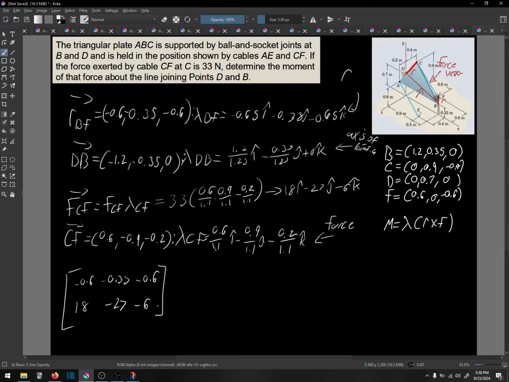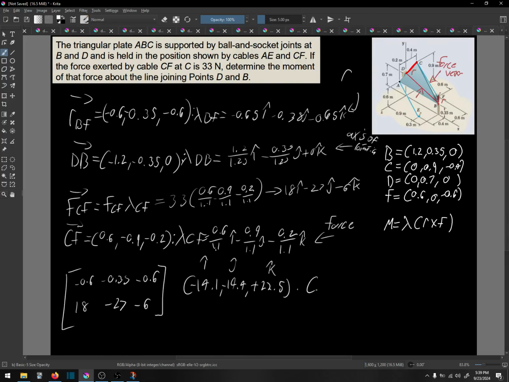Crossing these values, we get negative 14.1, negative 14.4, plus 22.5, in I, J, K. So that's R cross F.